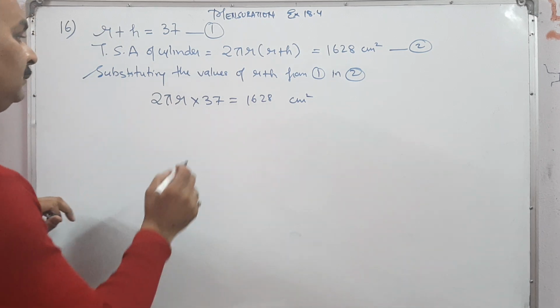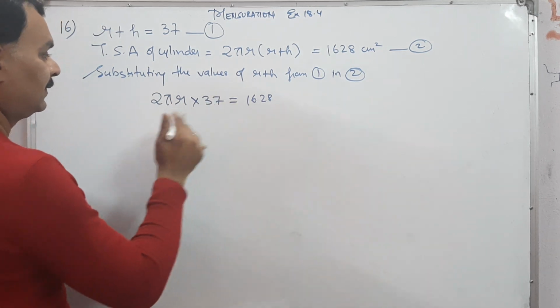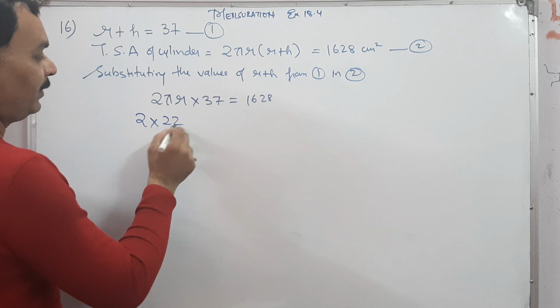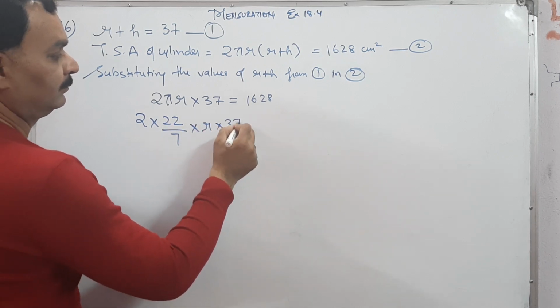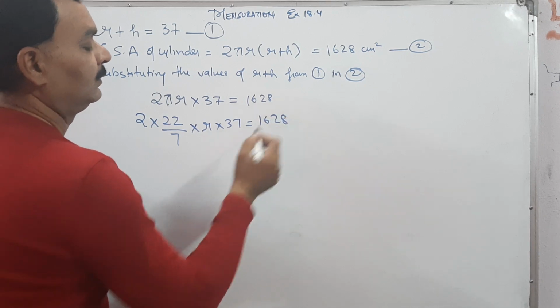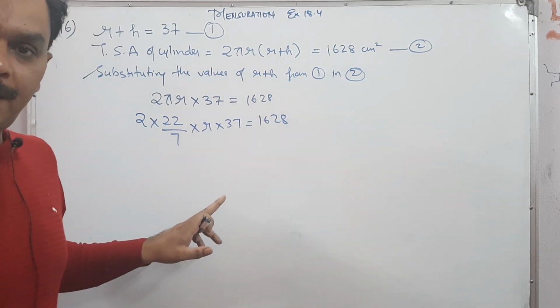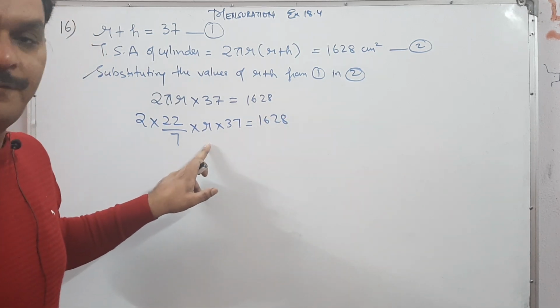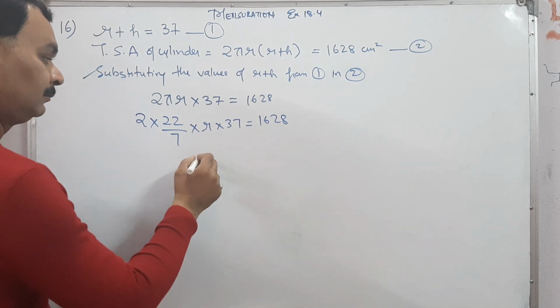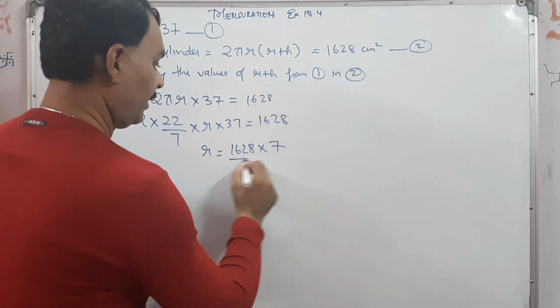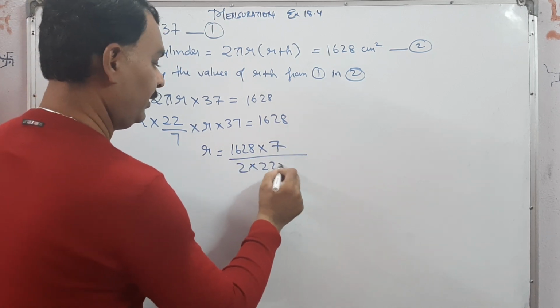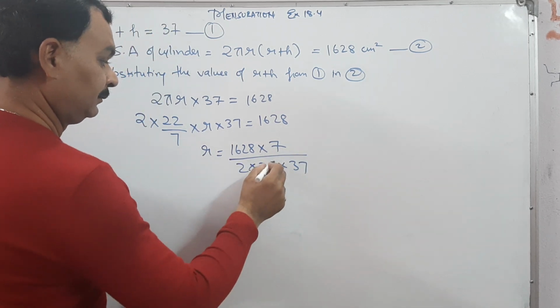Now substituting the value of 2 and pi, we have formed a simple linear equation in one variable, that is r. R is equal to 1628 into 7 upon 2 into 22 into 37.